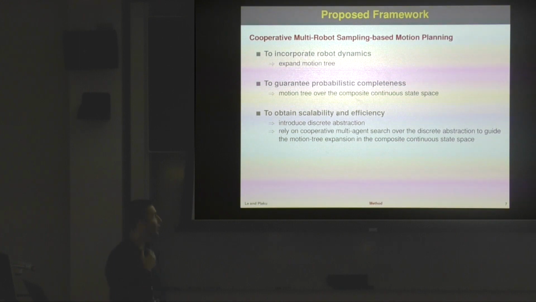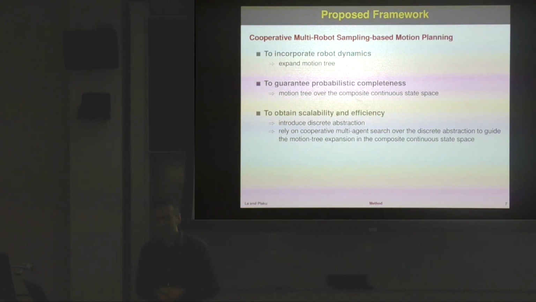So the proposed framework in this talk is, in order to deal with robot dynamics, we are going to expand the motion tree. So in this way, we avoid what are known as boundary value problems. And in order to guarantee probabilistic completeness, the motion tree is going to be expanded over the composite state space.